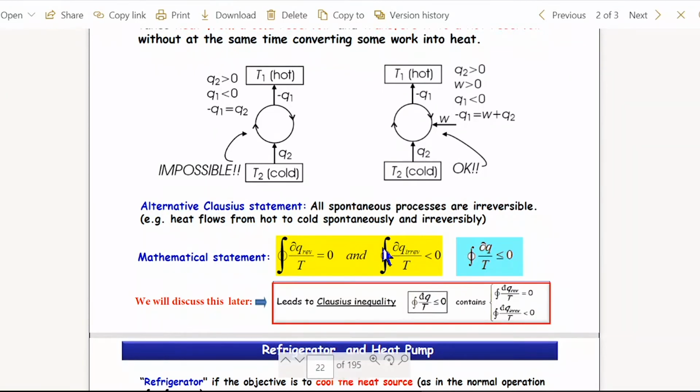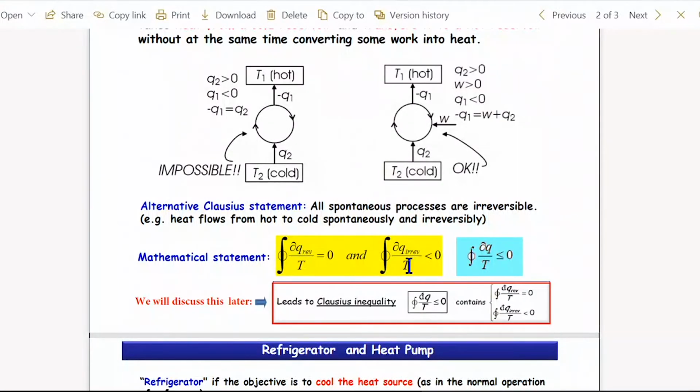If even one step in the cycle is executed in an irreversible manner, then the entire cycle becomes irreversible. So if you have an irreversible step in the process, that irreversible transfer of heat at that particular temperature will be less than or equal to 0.